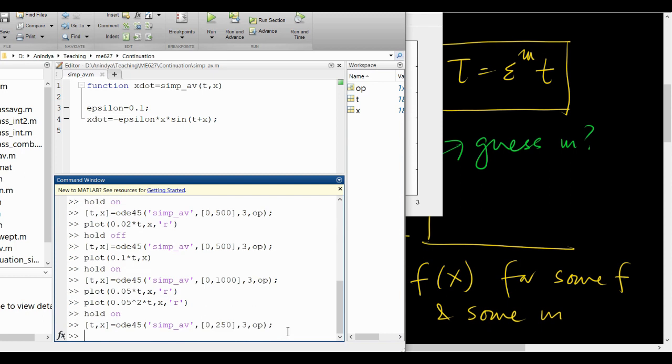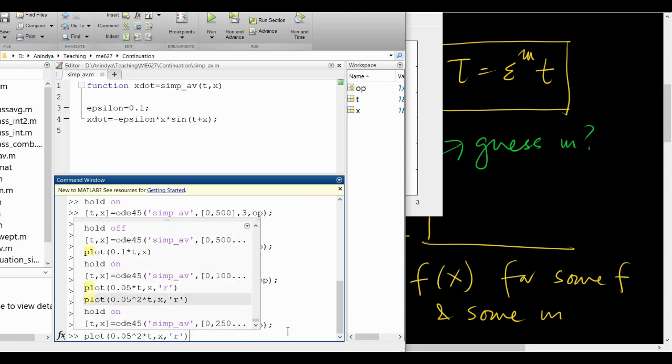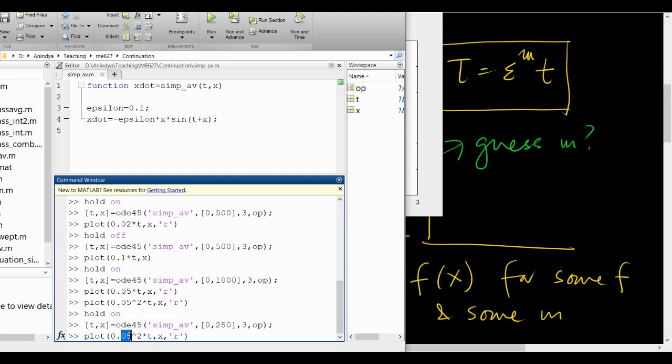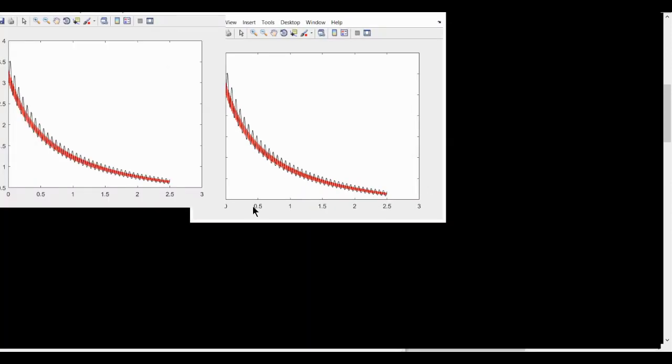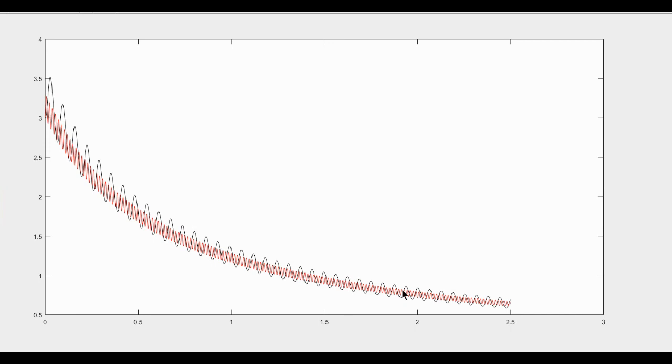And then I will plot 0.1 square, and this one I will plot in black. And you see it is clear that they are the same curve. Therefore, m equals 2.